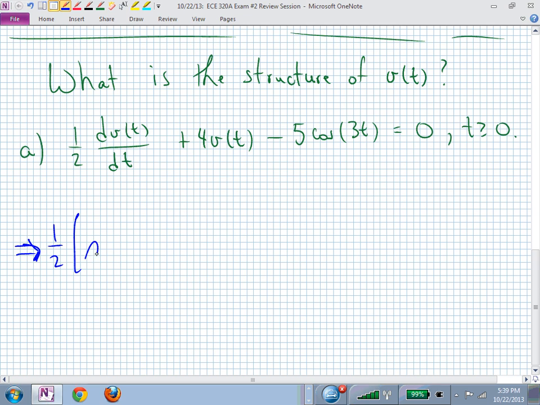The derivative's Laplace transform is now just s times v of s minus the initial condition on the time domain waveform v of t, plus 4 times v of s, minus, and now what's the Laplace transform of 5 cosine of 3t?